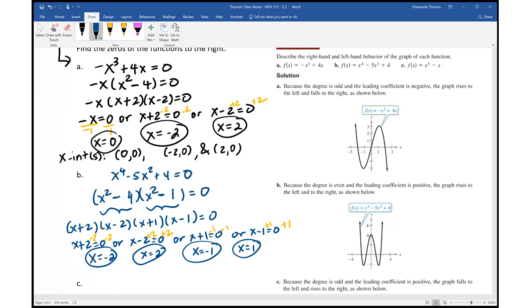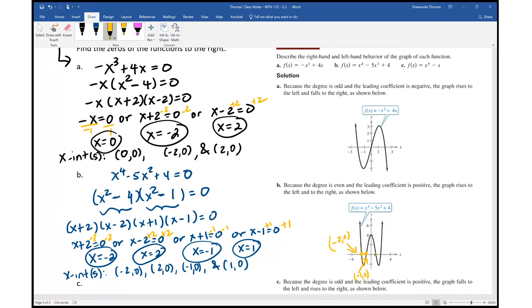And again, if we had to write this out as x-intercepts, we'll write (-2, 0), (2, 0), (-1, 0), and (1, 0). Notice those points are here. This would be our (-2, 0). This would be our (-1, 0).